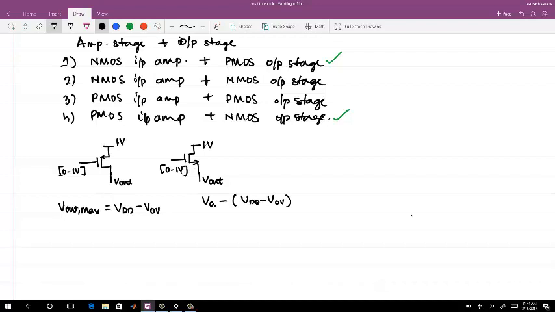VGS minus VT should be equal to V overdrive, and VG should be greater than VT. That's what I am trying to say: if you limit your control to the supply voltages, you cannot reach that higher swing. So you cannot always use this NMOS regulation. It all depends on the frequency which you want.